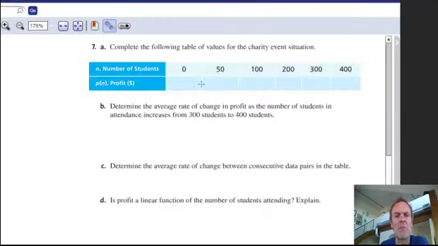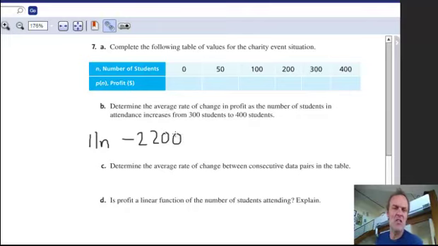Okay, complete the table. So for no students, remember the equation. We had 11n, $11 for every student, minus the $2,200 that we have to fork out on the event. So that, remember, was the profit equation.